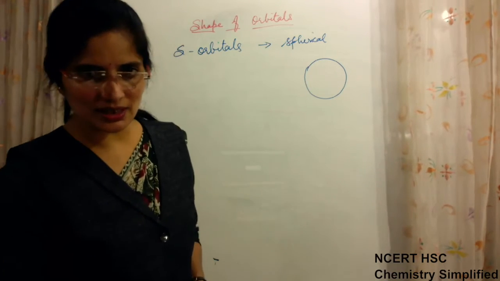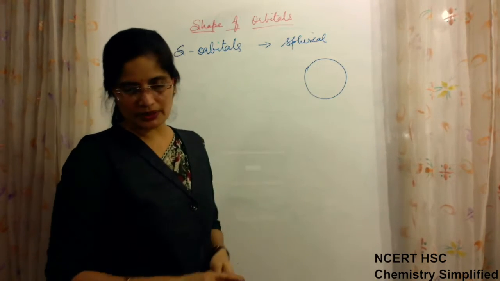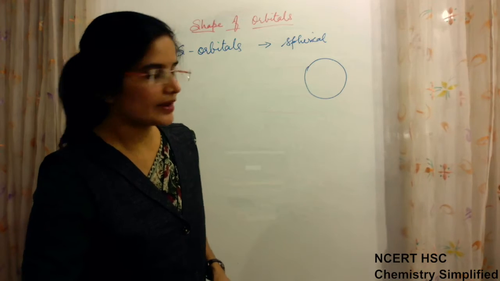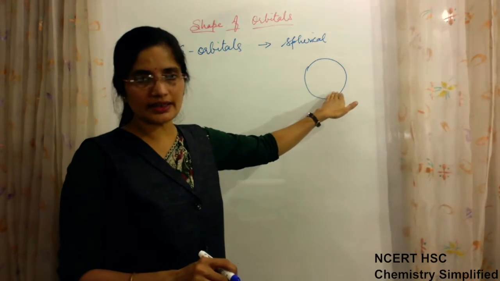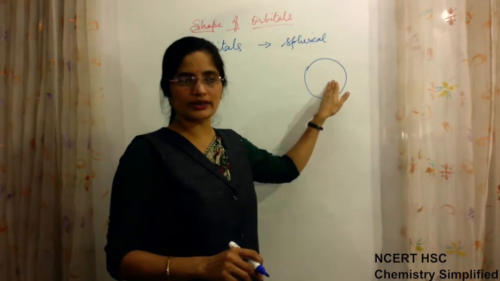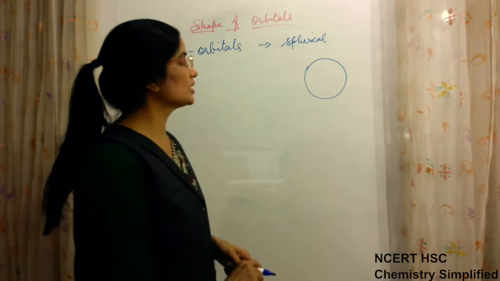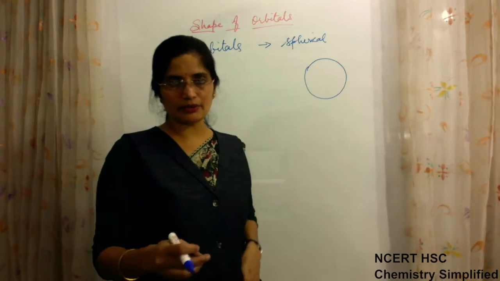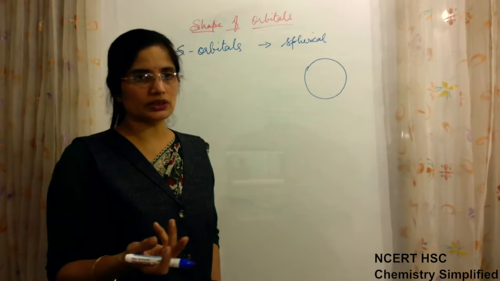What do we mean by spherical in shape? That the electrons in s orbitals are present in a spherical shaped area, and this sphere is 3-dimensional. On the board when we draw it, it looks like a circle, but actually it is not a circle. We are talking about a sphere, a 3-dimensional space available for an electron to move around the nucleus.